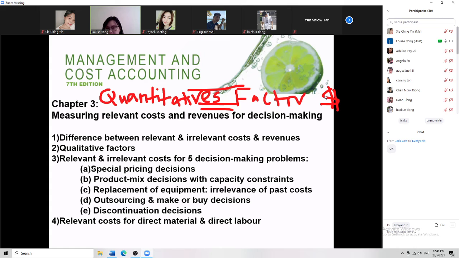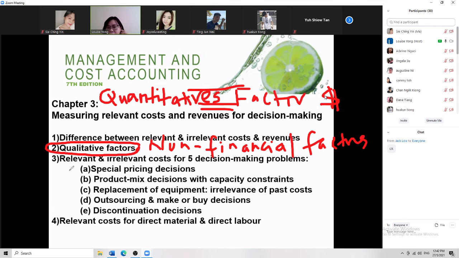Okay, but sometimes, or most of the times, we also need to consider qualitative factor. Okay, qualitative factor sometimes we call it non-financial factor. 不是用数字来衡量的，okay，一个因素考量的 or sometimes we call it qualitative 啦，okay, non-financial factors.